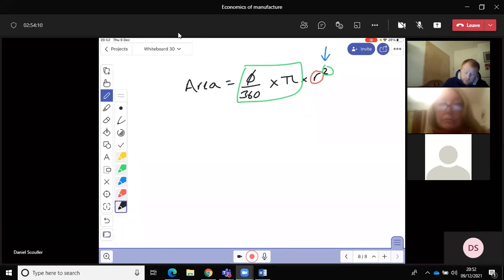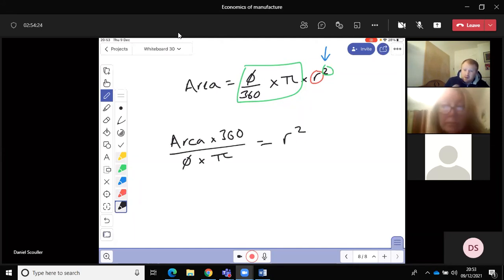So the area multiplied by 360 over the angle times pi equals r squared. I jumped a wee bit there, just for timing reasons.